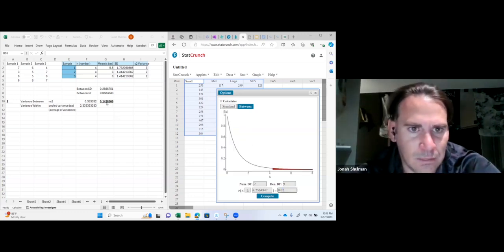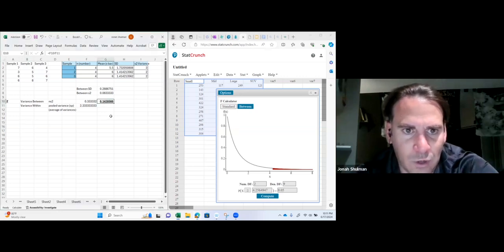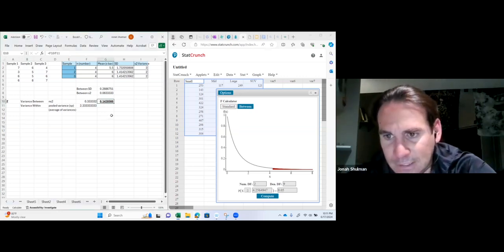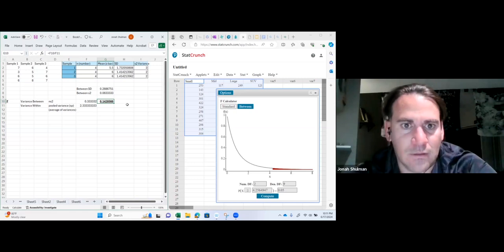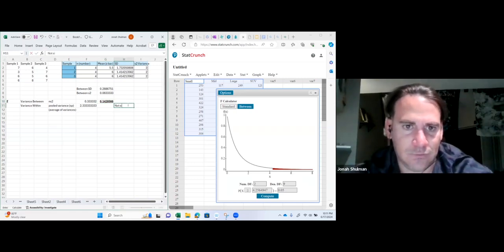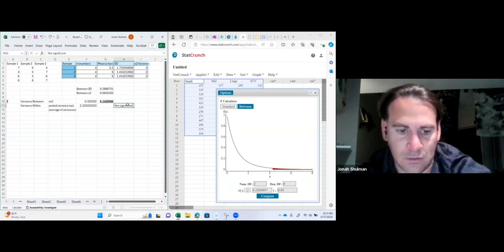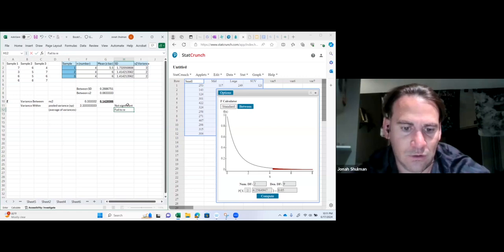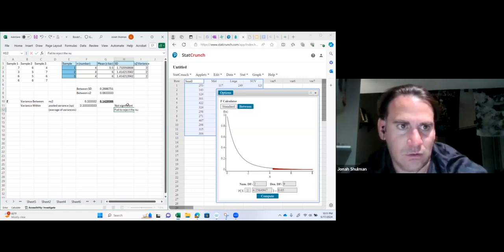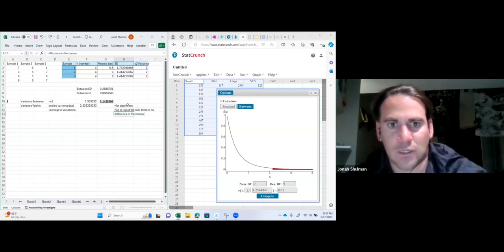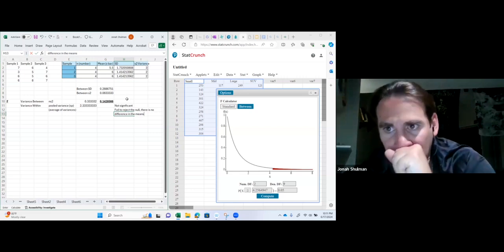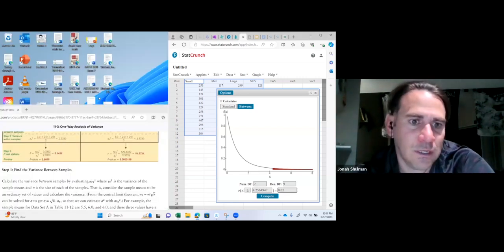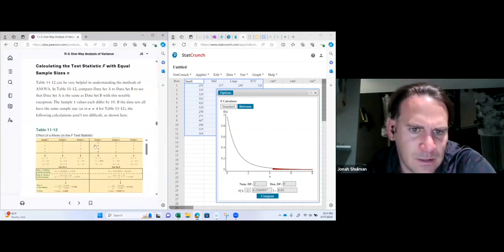We got a critical value of 4.26. It needs to be bigger than that. Not significant. Fail to reject the null. There is no difference in the means. Ta-da! So that's how you do it by hand.